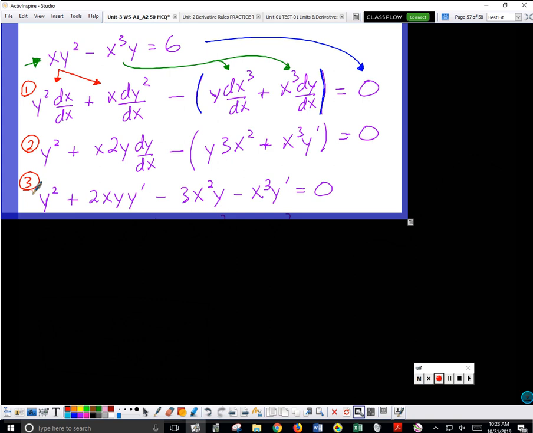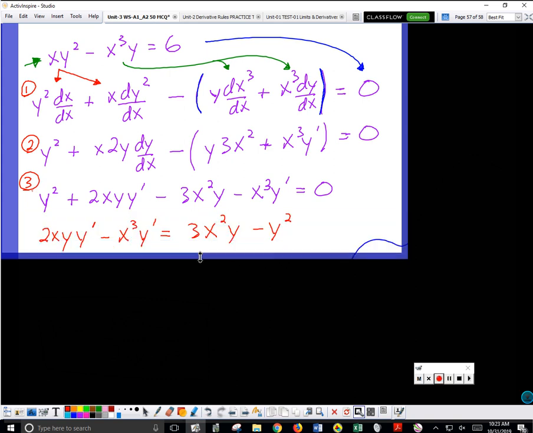Cool. Do a little algebra. So I'm moving the y squared to that side. I'm also going to move the 3x squared y to that side as well.